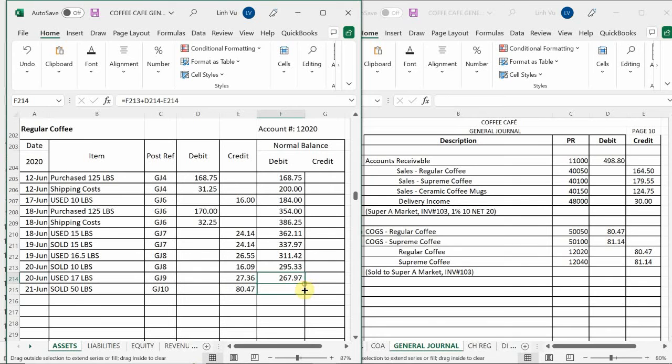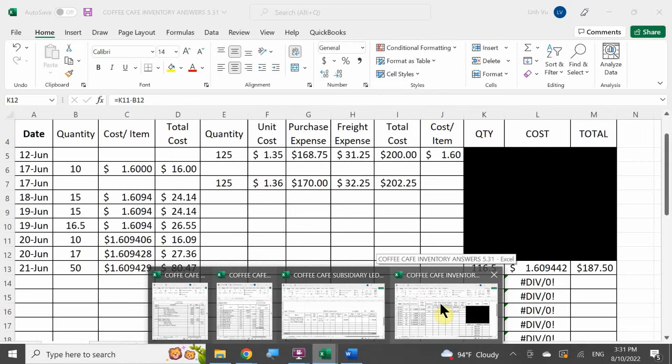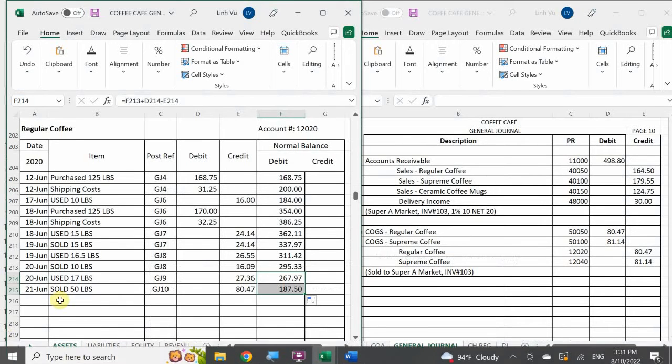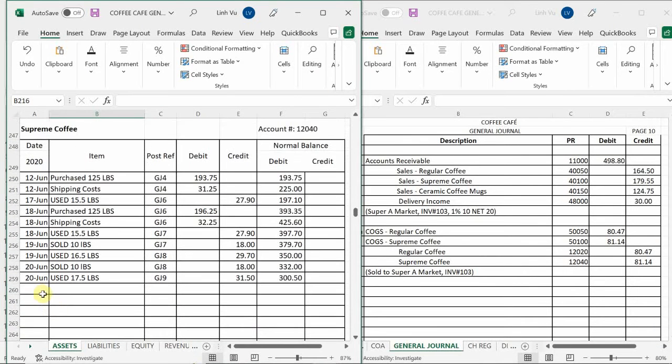And now it went down to 187.50. And then for the Supreme coffee, we sold 45 pounds on page 10 for 81.14.